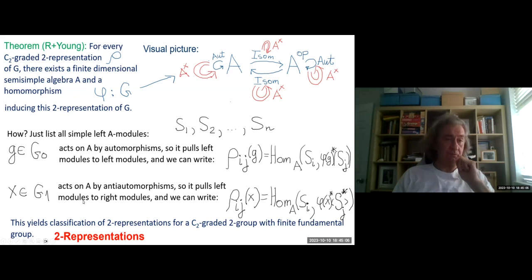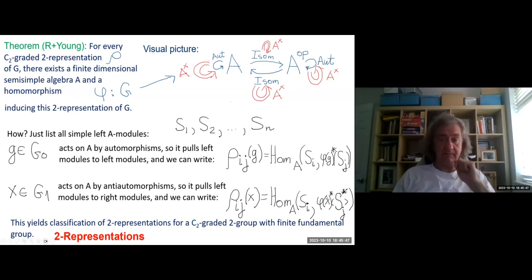So if you pull a left module, you're not going to get a left module, you're going to get a right module. But because it's all finite dimensional, you can take a dual, and that's what you're going to get. So the matrix will correspond to these homomorphisms from Si to, well, you take Sj, you take the dual. This was the left module, Sj. The dual is the right module, and the pullback of the Sj dual is the left module.